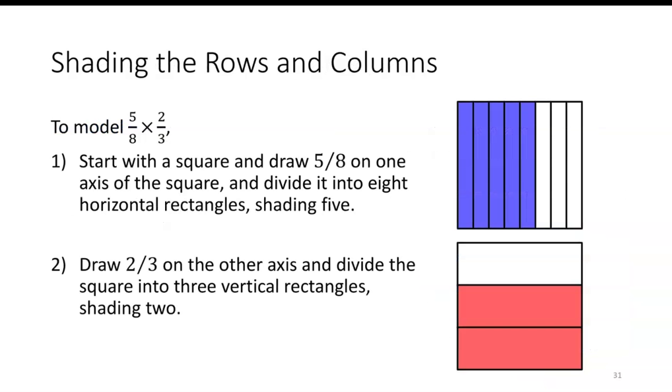So they do this a little more slowly. To model 5/8 times 2/3, you start with a square and draw 5/8 on one axis of the square and divide it into 8 horizontal strips, or in this case, I guess vertical rectangles, shading 5 of them. And then you draw 2/3 on the other axis and divide the square into 3 rectangles, shading 2.